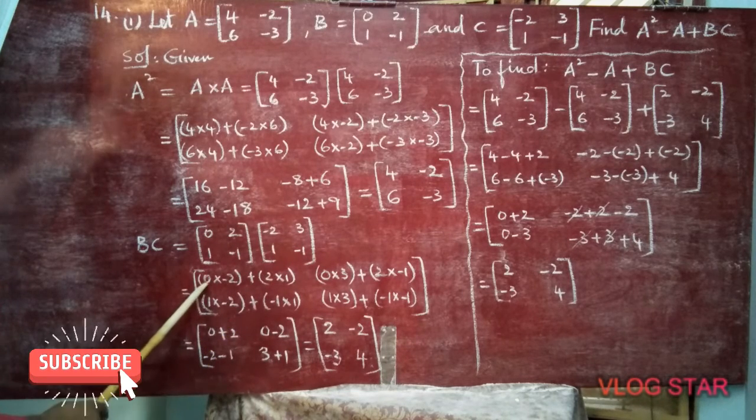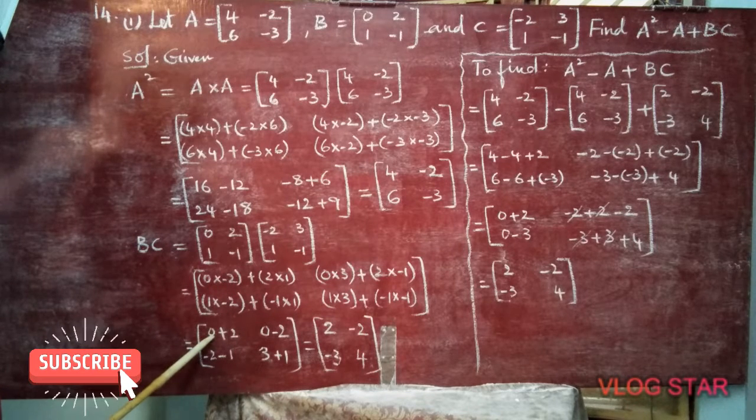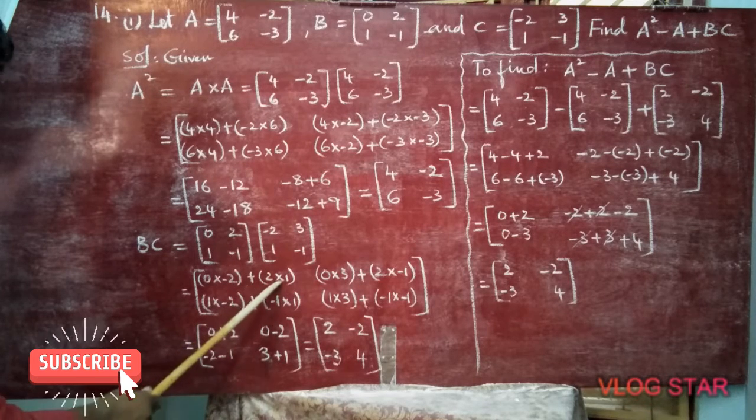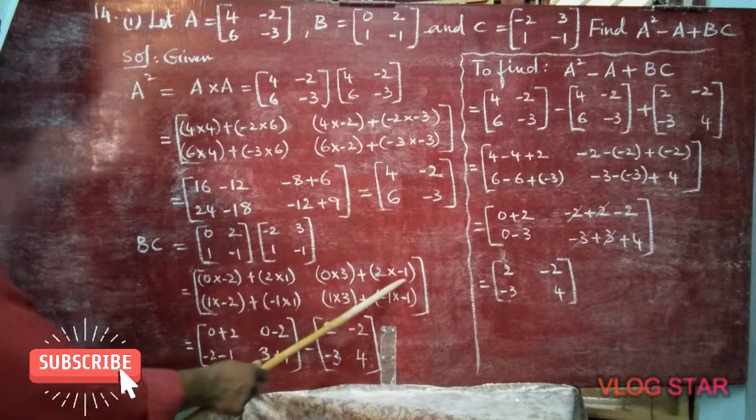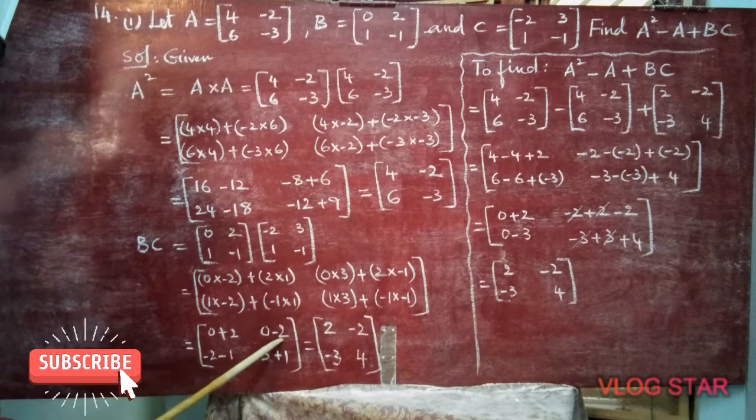Now simplify. Plus into minus, minus. 2 zeros are 0. 0 will not have any sign, either plus or minus. So write 0. 0 into anything will be 0. Next, plus 2 ones are 2. 0 3s are 0. Plus into minus, minus 2 ones are 2. Plus into minus, minus 1 2s are 2.